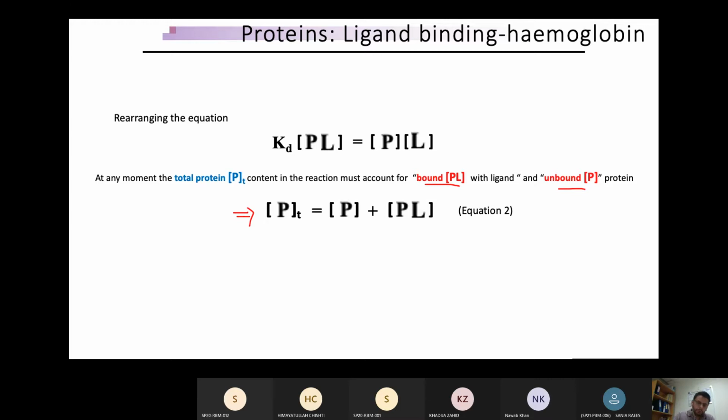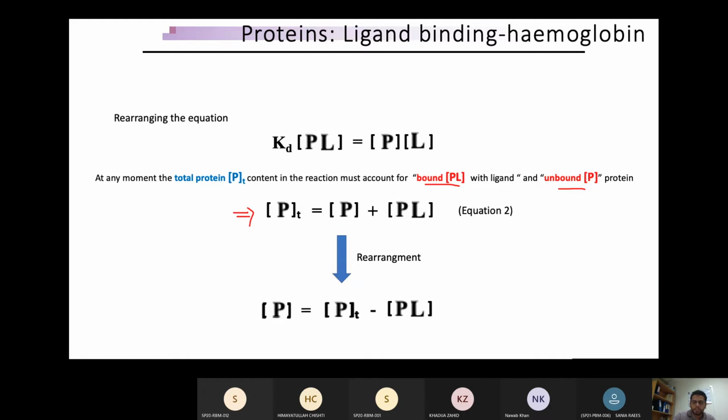So you get the quantity of unbound protein, and if you just rearrange, it means total protein concentration minus protein bound with ligand. So if you remove the ligand bound protein from the total protein, you will get the protein which is unbound.